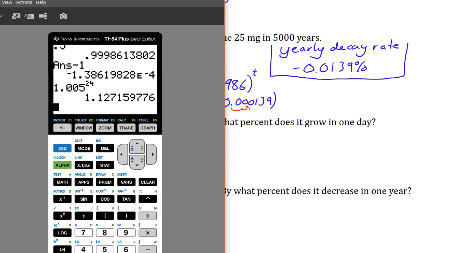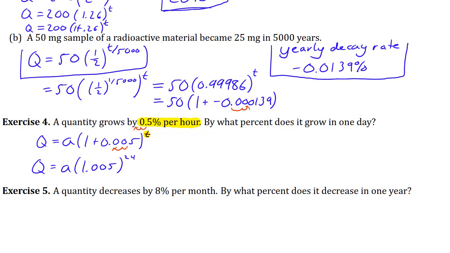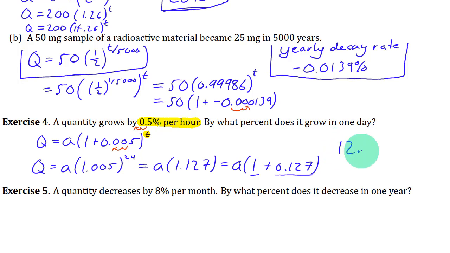And that's going to be 1.127, which is the same thing as whatever the starting amount is times 1 plus 0.127. So you have 100% of what you started with, that's the 1, plus 12.7%. So the daily growth rate is 12.7%.